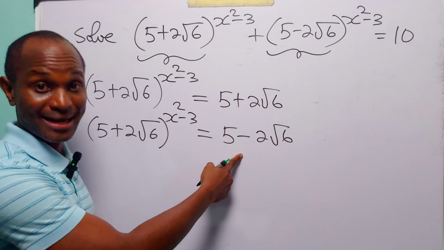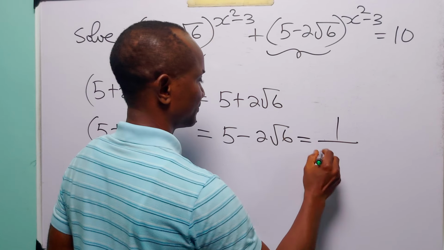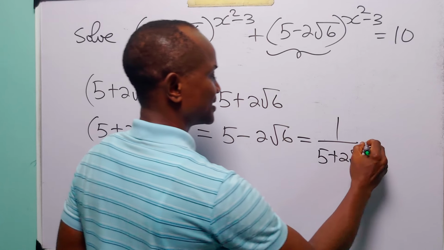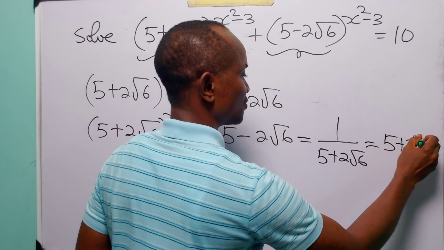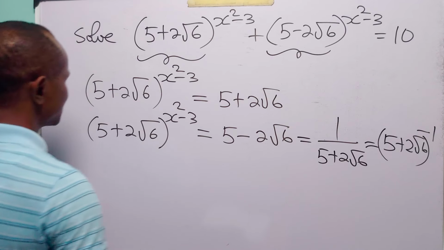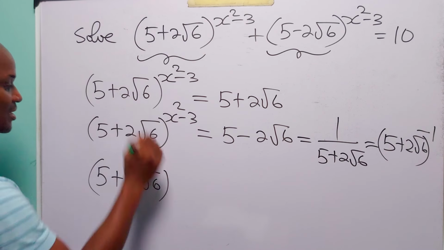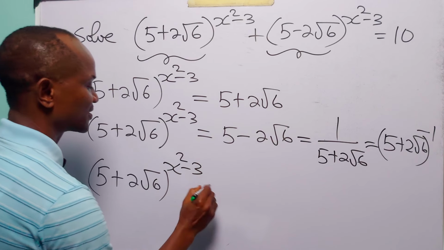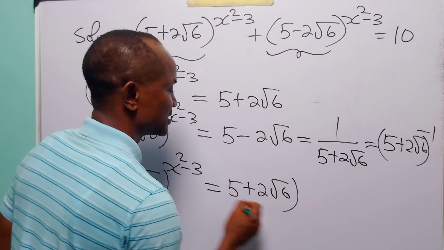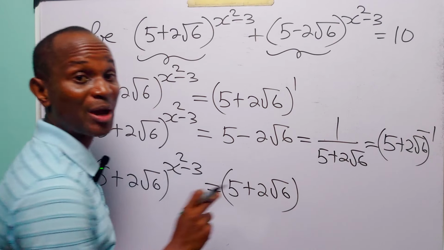But remember that 5 minus 2 root 6 is equal to 1 over 5 plus 2 root 6, which is exactly the same thing as (5 plus 2 root 6) to the power minus 1. So that simply means that (5 plus 2 root 6) to the power x squared minus 3 is equal to (5 plus 2 root 6) to the power, remember this is to the power 1, and now the second one is to the power minus 1.